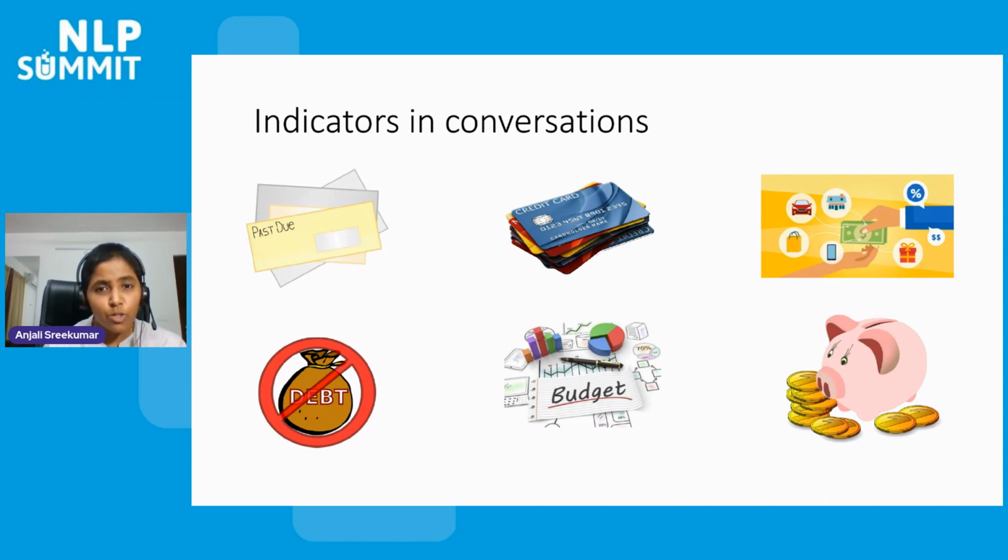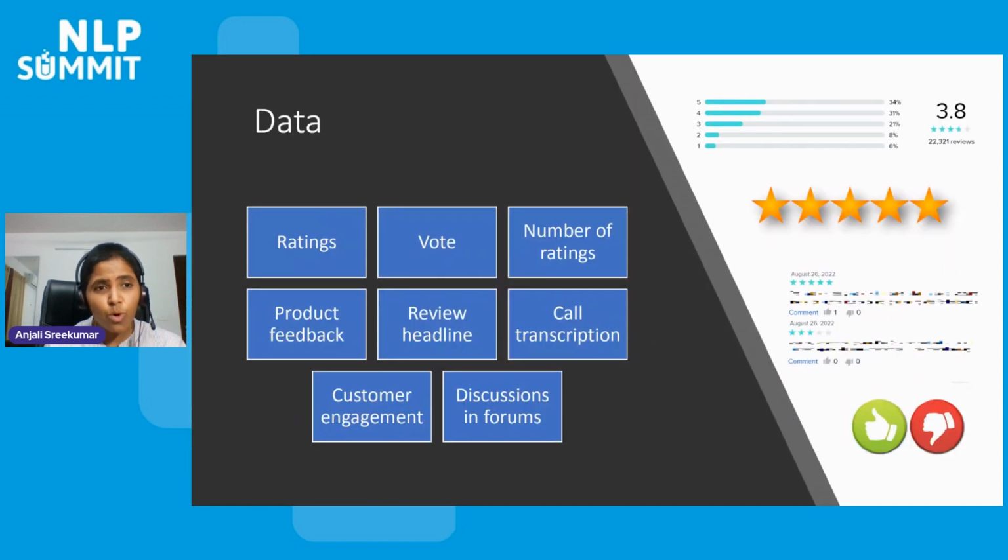So these are the conversation indicators. And what data do we get these from? They are mostly generic ratings and reviews that they give on public forums and discussion forums, the actual conversations that we have with them over a call or via emails, the number of ratings and votes that they have given for certain financial products, and even general discussions when we meet them personally, like at a conference or a client event.